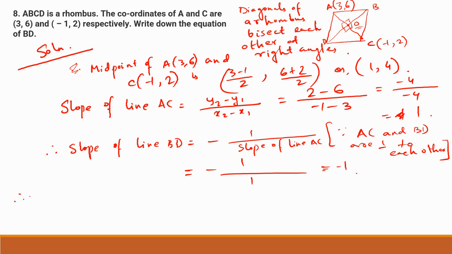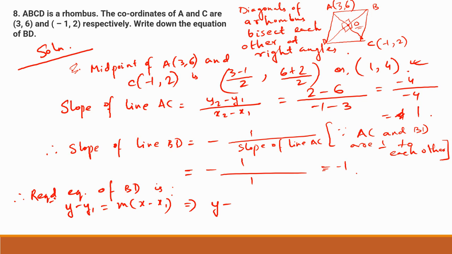So therefore the required equation of BD is, you can either write using the one-point form or not, that's fine. It is y minus y1 equals m times x minus x1. What is y1? You got the point O, right? What is this? 1 comma 4.